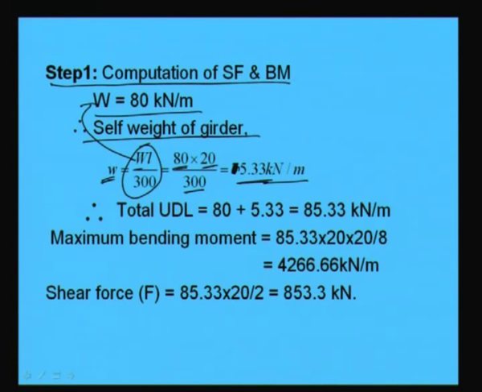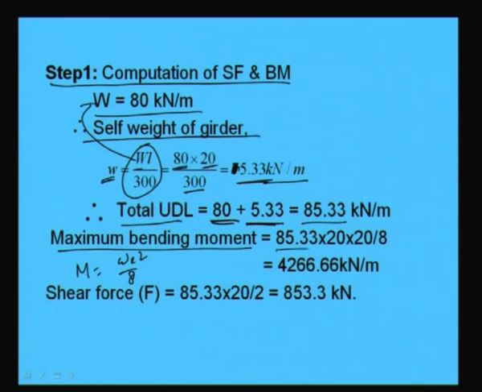So, total UDL will become the external load plus self weight. So, 80 plus 5.33 will become 85.33 kilonewton per meter, right. So, total UDL we got. Now, the maximum bending moment we can find out. Maximum bending moment will become WL square by 8.